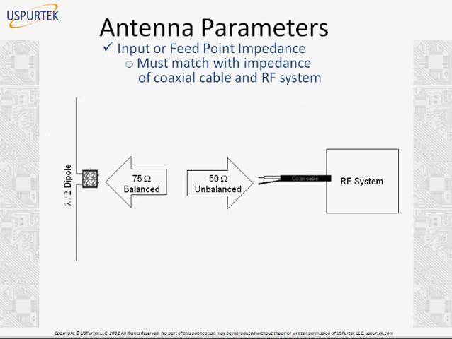And it's a very, very common type of antenna. Now, a typical RF system where a coaxial cable is coming from some RF electronics will have a 50 ohm unbalanced. Why unbalanced? Because coaxial cable is unbalanced. So here we have a mismatch. We have 75 ohms balanced on the antenna side and 50 ohms unbalanced on the RF system side.